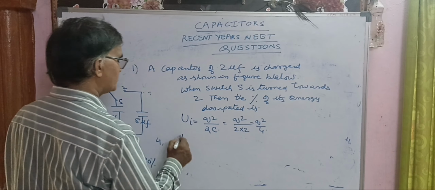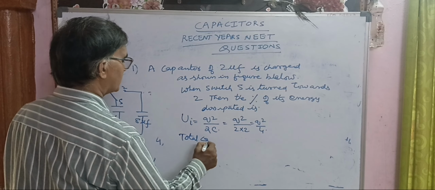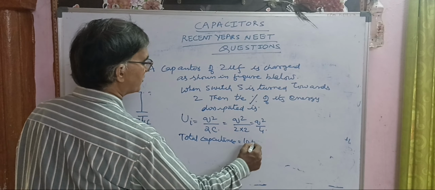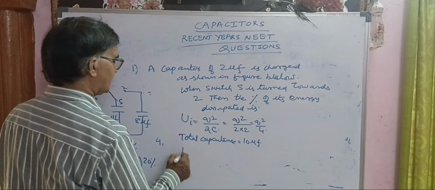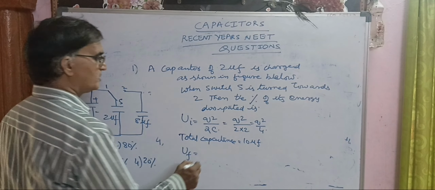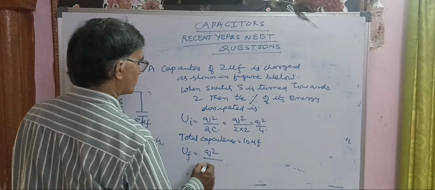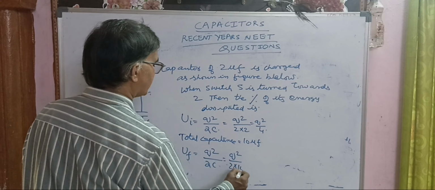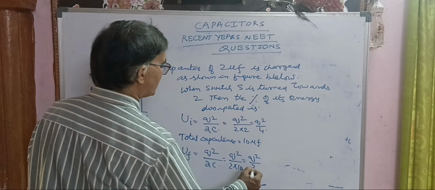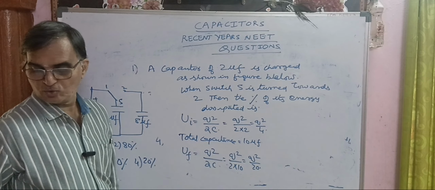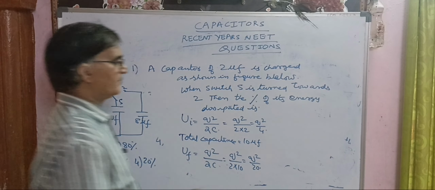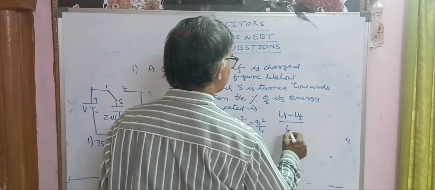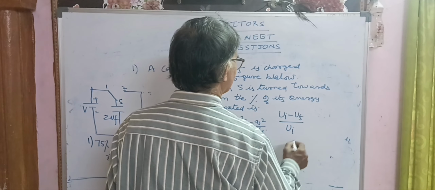Then what is the total capacitance? Total capacitance in the second case will be 10 microfarads. So in that case the final energy will be Q square by 2C, that is Q square by 2 into 10, Q square by 20. Now energy dissipated is given by the formula initial energy minus final energy, divided by initial energy, into 100.